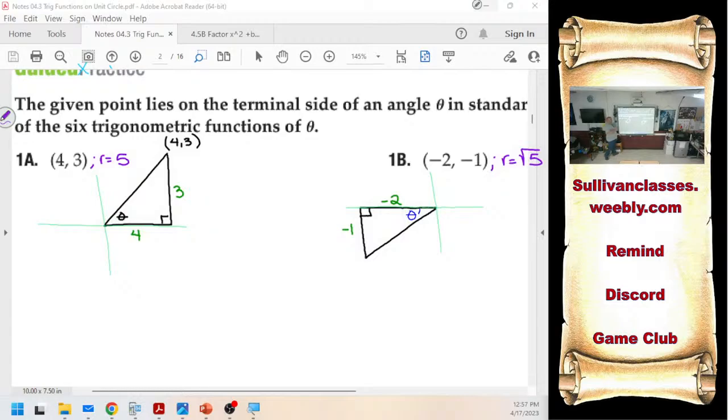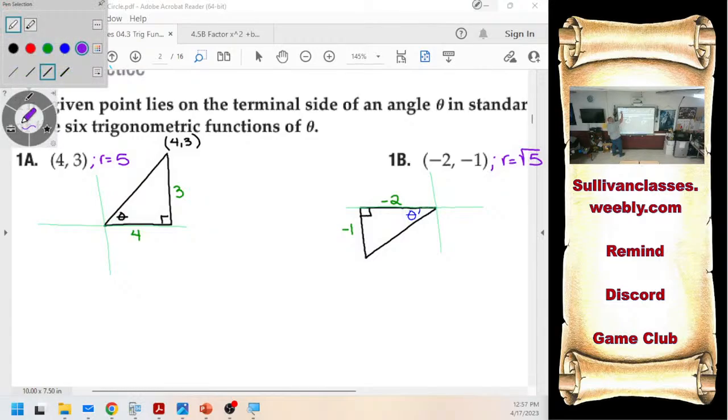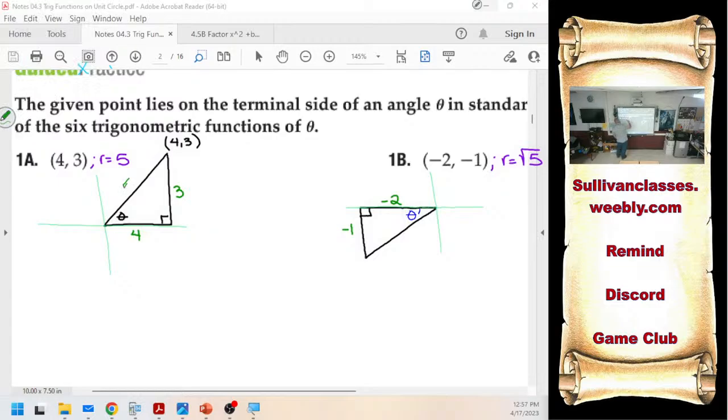Whether I need the visual stuff or I just look at, hey, I've got X, Y, R, I can either shove those three numbers into my shortcuts or draw the triangle and I'm good to go.